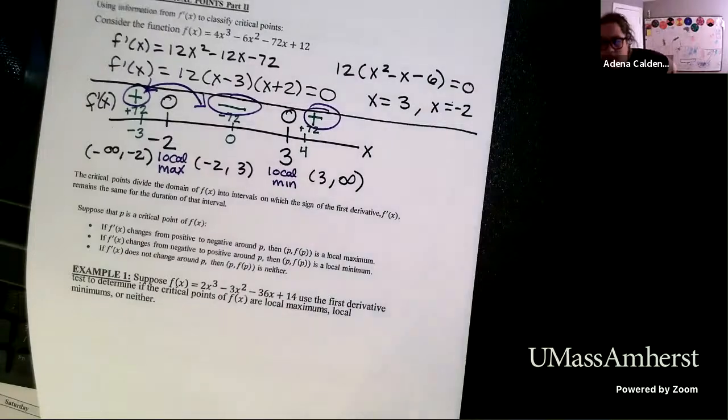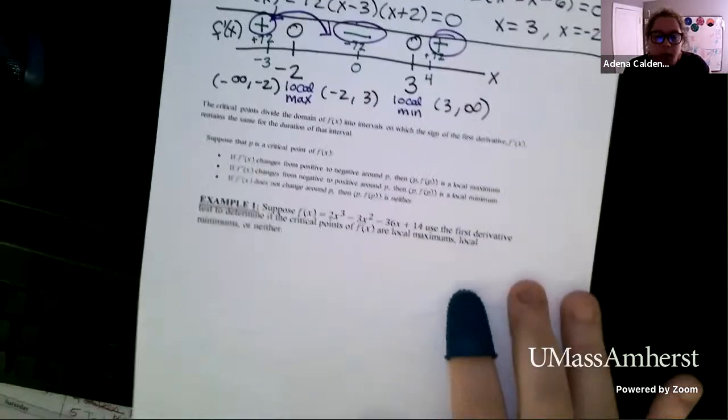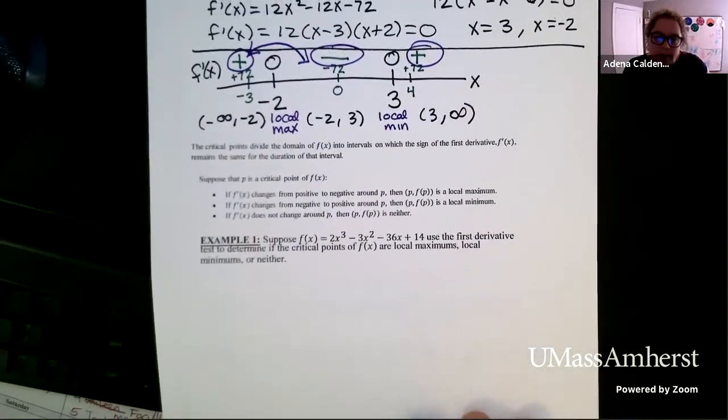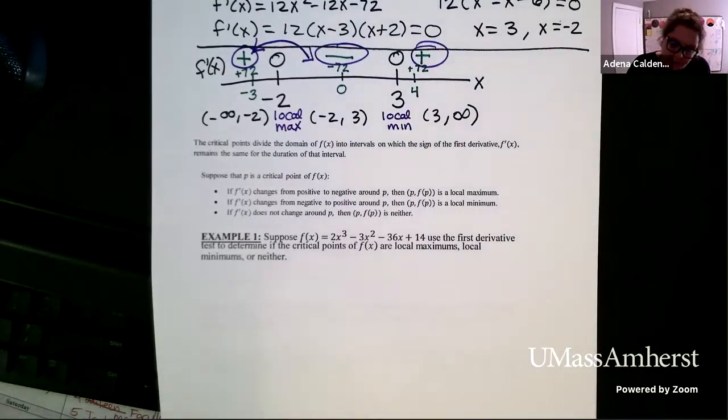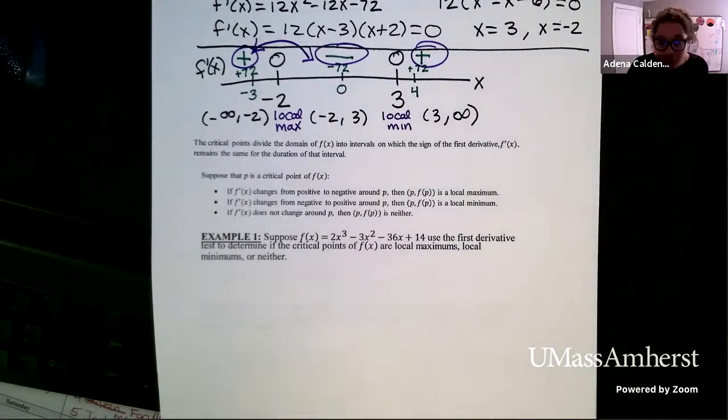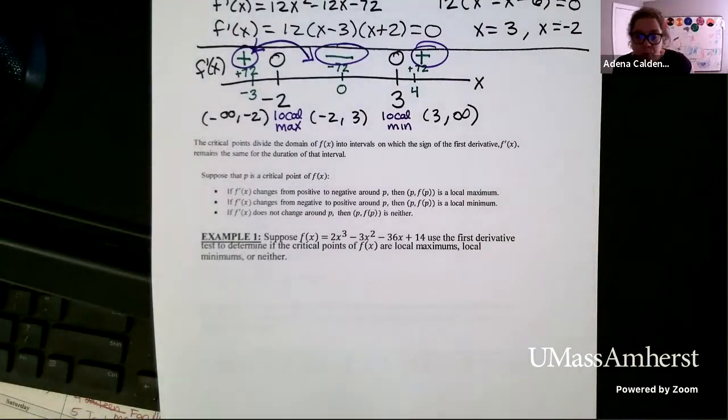So now I'm gonna have you try this one. You're gonna do it similarly. You'll notice a pattern here when you work this out, but I want you to take the first derivative, find the critical points, then you're gonna set up a number line and you're gonna look at how it changes in the different intervals, okay?